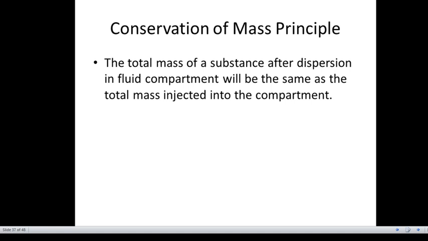The conservation of mass principle states that the total mass of a substance after dispersion in a fluid compartment will be the same as the total mass injected into the compartment.